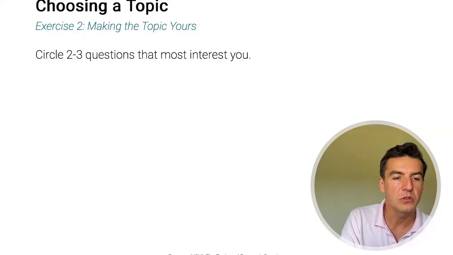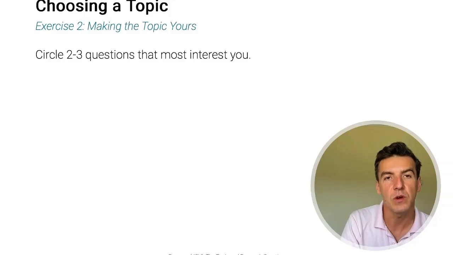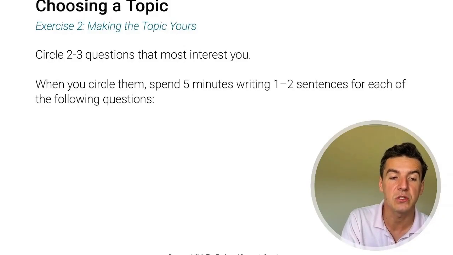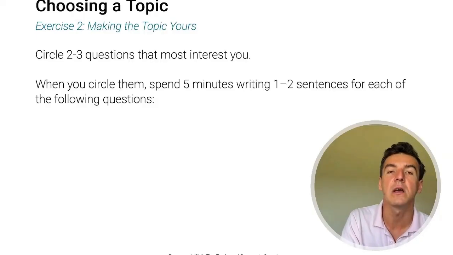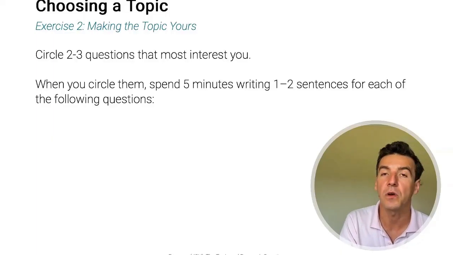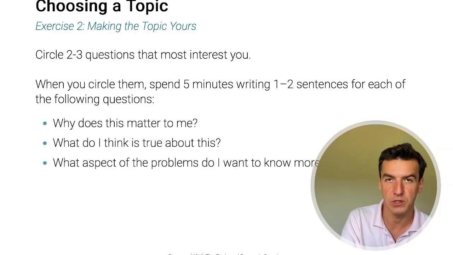Okay, moving on to how to make the topic yours. After you've made a list of questions that you're curious about, circle the 2 or 3 that are most interesting to you. Then spend the next 5 minutes writing 1 or 2 sentences for each of the following questions.